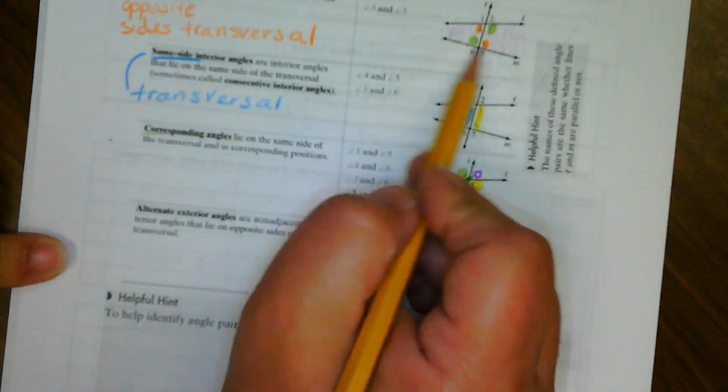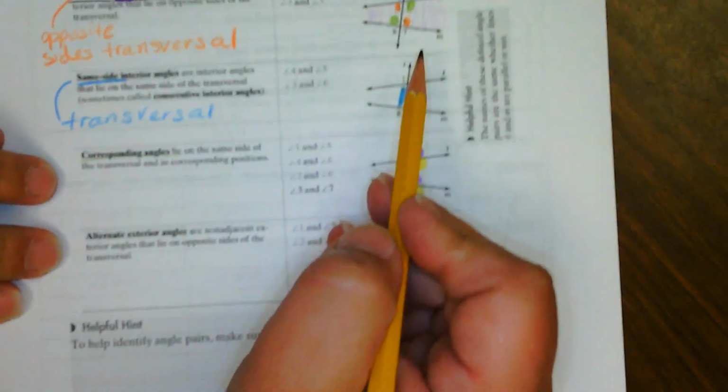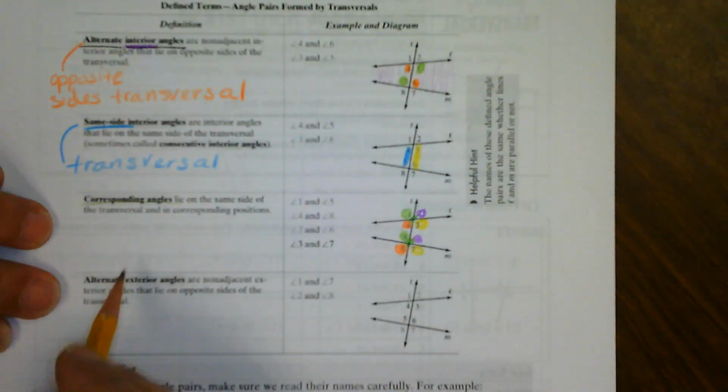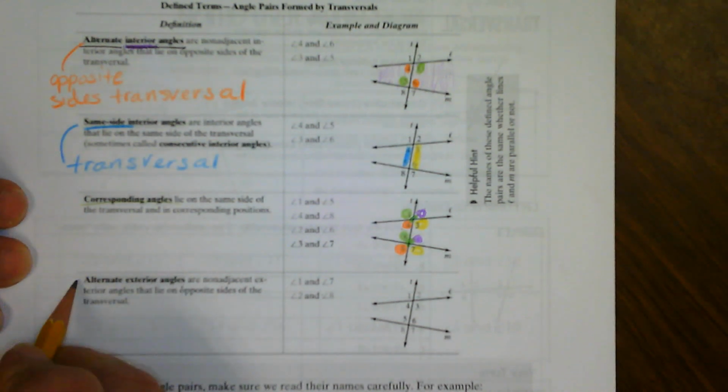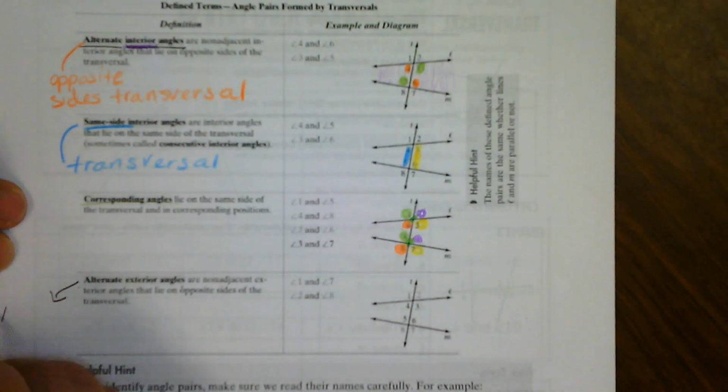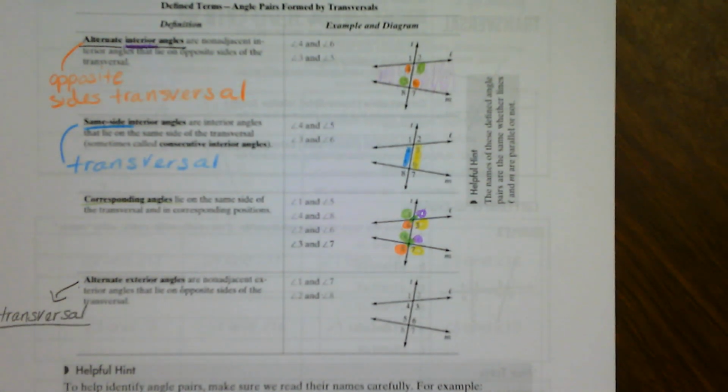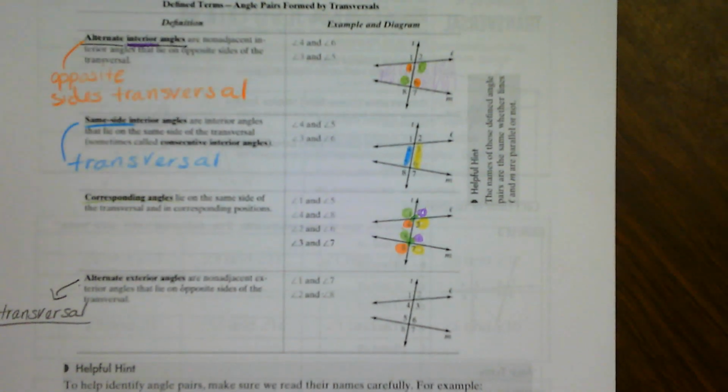Now, just like we had alternate interior angle pairs up here, we have some alternate exterior angles. Alternate what? Alternate always has to do with the transversal: same side as or alternate sides. Okay? So this up here was alternate interior.